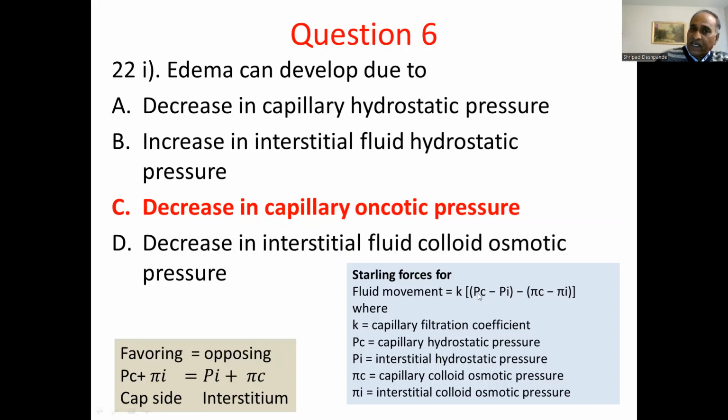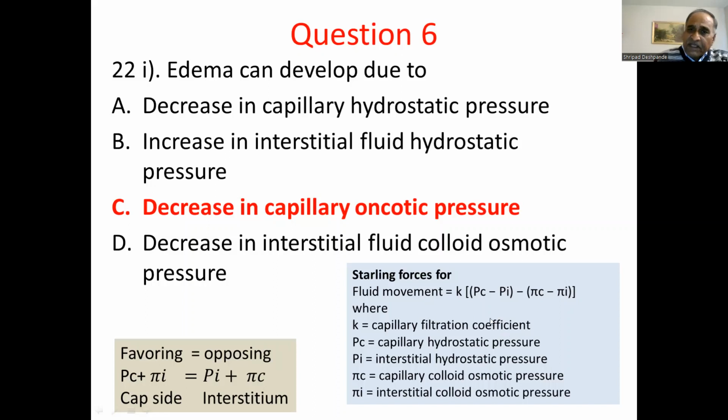PC is the capillary hydrostatic pressure, PI is the interstitial hydrostatic pressure, the difference between the capillary and the interstitial pressures, that is delta P. Then minus the colloid osmotic pressure in the capillary and minus the colloid osmotic pressure in the interstitial fluid. This determines the total fluid movement.